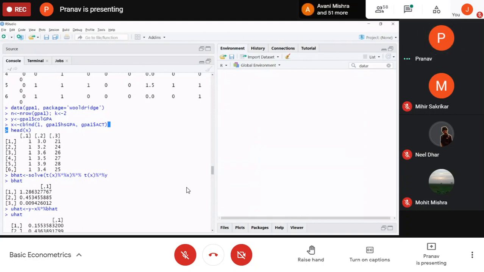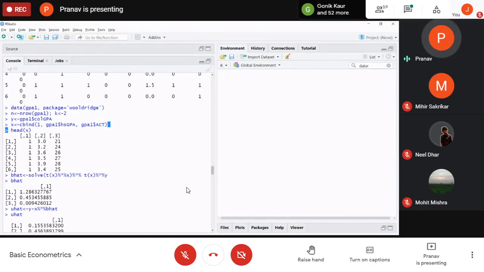You can also use the tail function to look at the last 6 observations. So calling head gives me the first 6 observations: this is the column consisting of 1, this is the high school GPA obtained by the students, and this is the achievement test score.